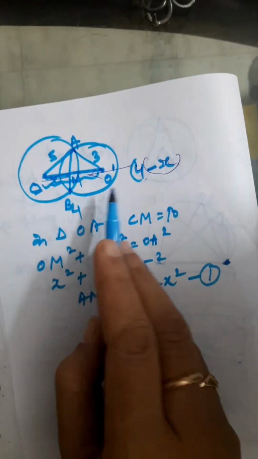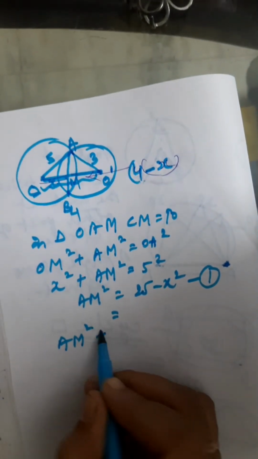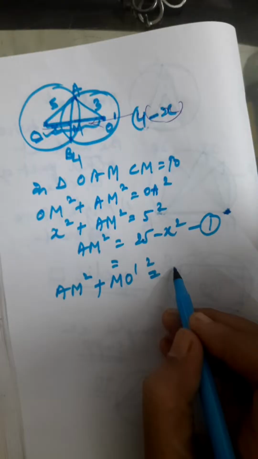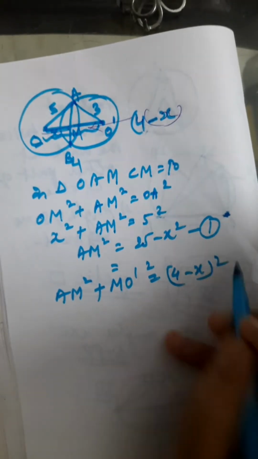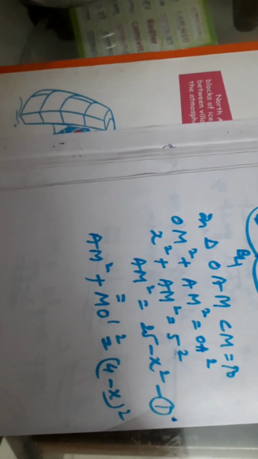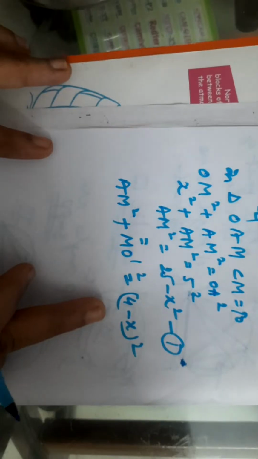Now let's start with the second part. In the second part, AM square plus MO dash square is equal to 4 minus x square. So here AM square and OM dash square is 4 minus x square.